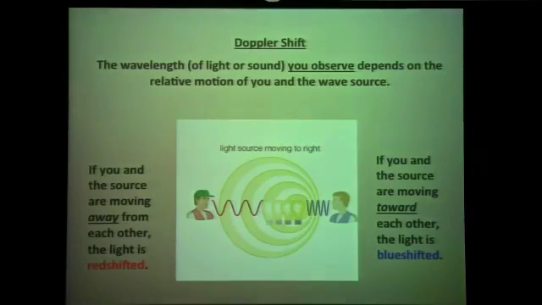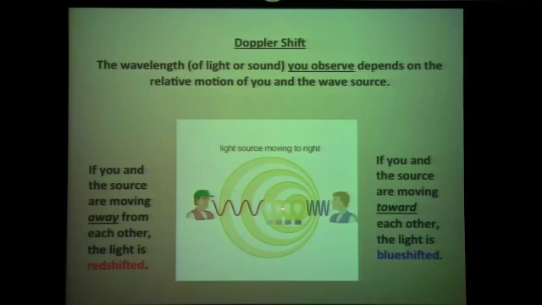All right. So no experiments with the Doppler shift, but let's keep talking about the Doppler shift. If you are looking at the source of light or the source of sound, and the source is moving away from an observer, then the yellow light would look reddish rather than yellow.